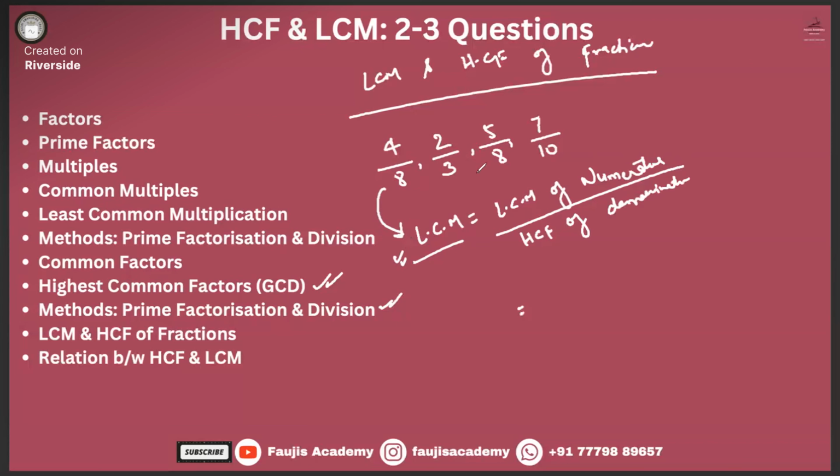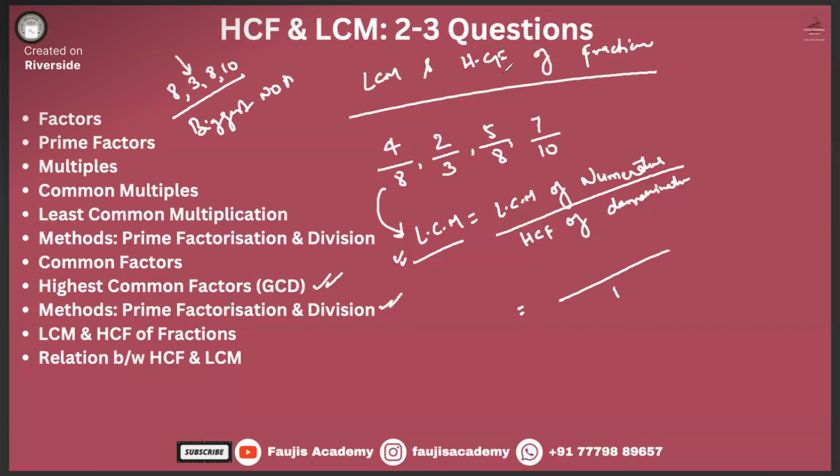What is the HCF of denominator here? Highest common factor. That's going to be 1. I mean, if you just take all these 4 numbers, what is the biggest number that divides them all? That's 1, right? Not even 2, because 2 will divide all this, but not 3.